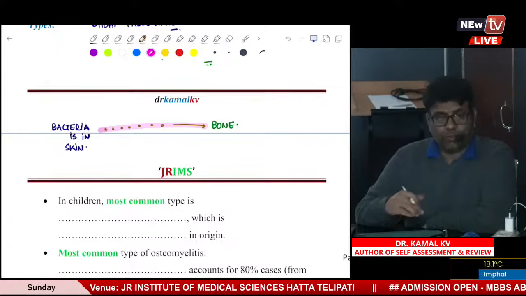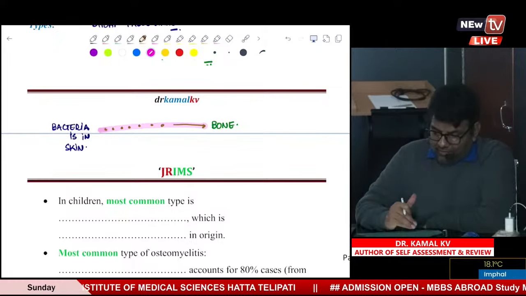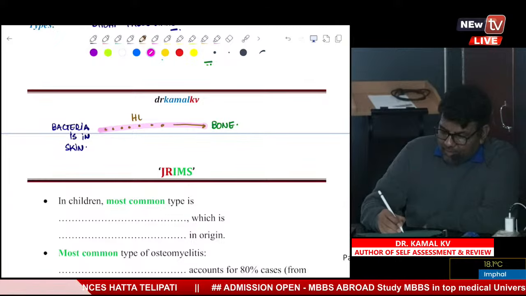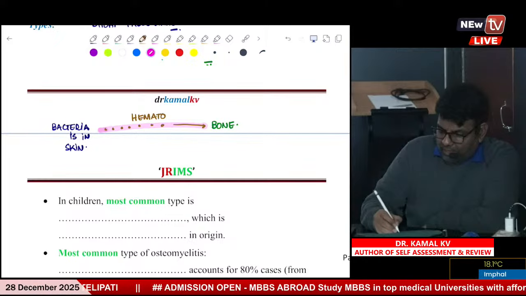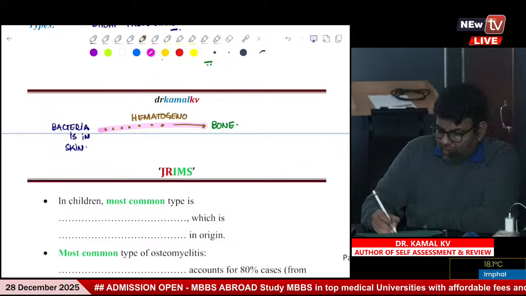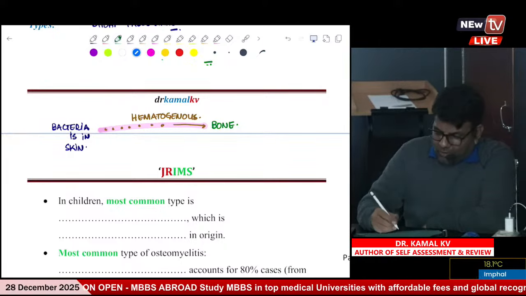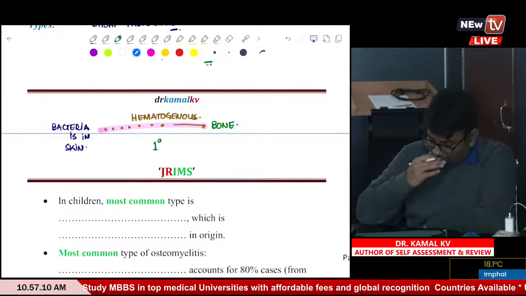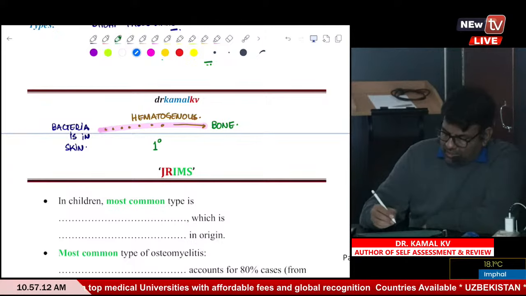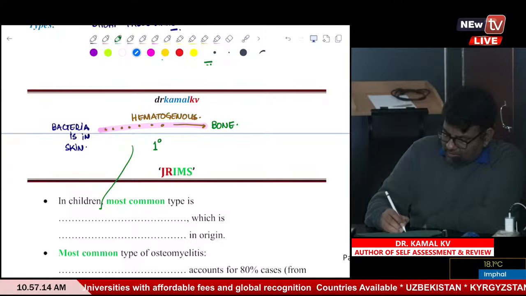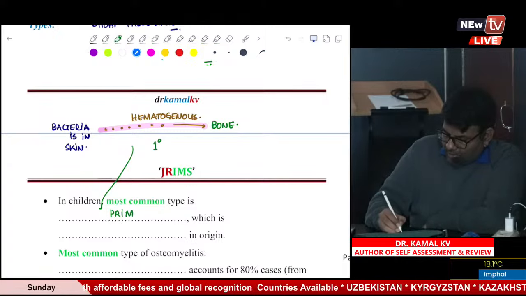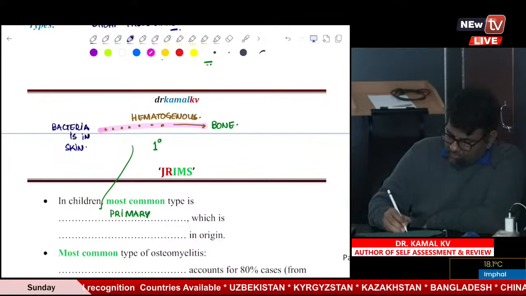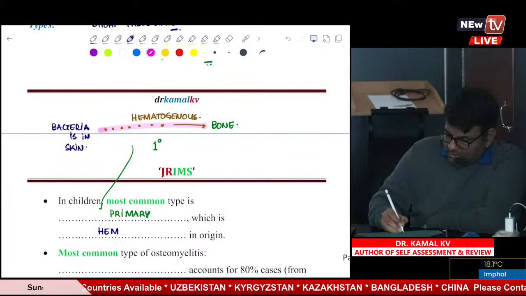So this type of spread of bacteria from one area to another area through the blood is known as hematogenous. What type of spread is this? Hematogenous. And this type of osteomyelitis is known as primary. Clear? So in children, the most common one is primary. And what is the route of spread of primary? Hematogenous.